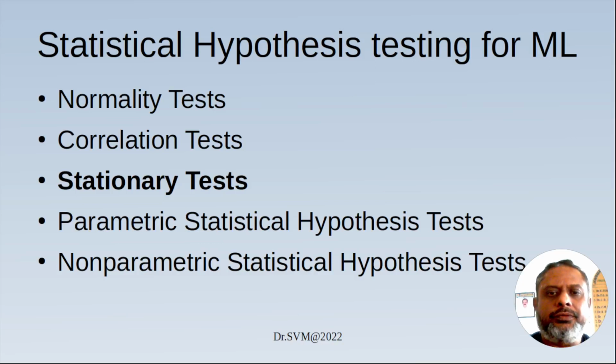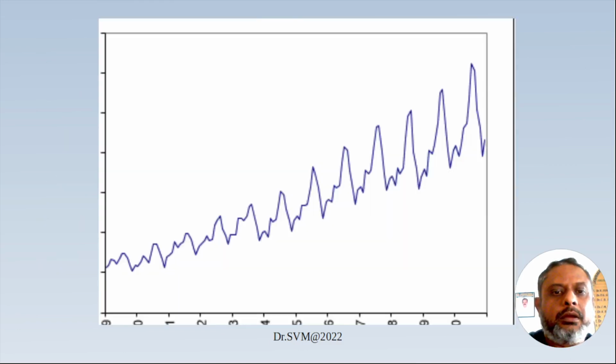The next set of tests is to find whether the given time series is stationary or not. So here we have a time series. A time series is data whose positions cannot be changed.